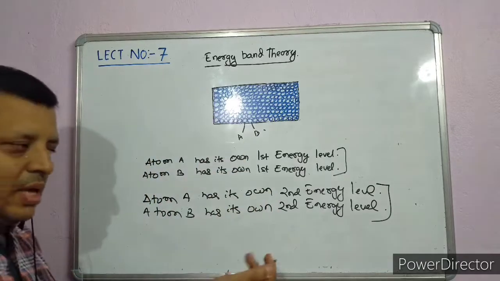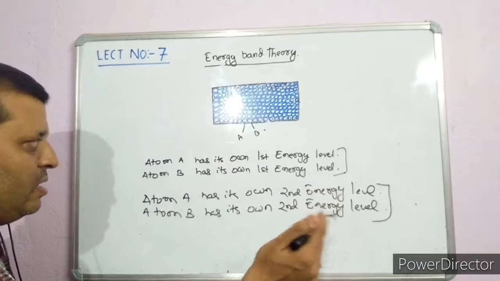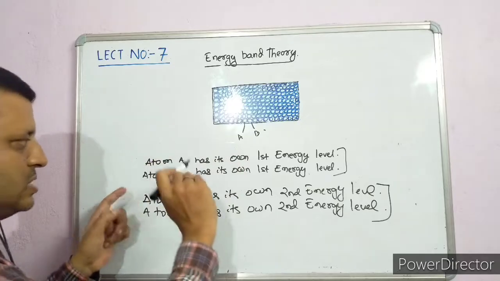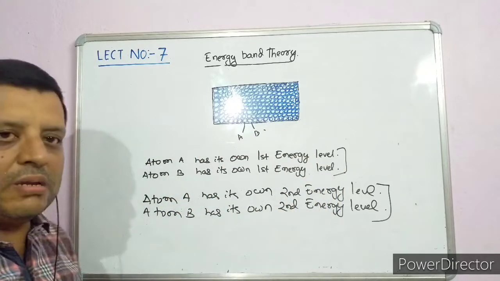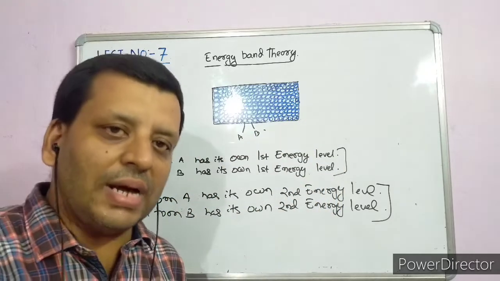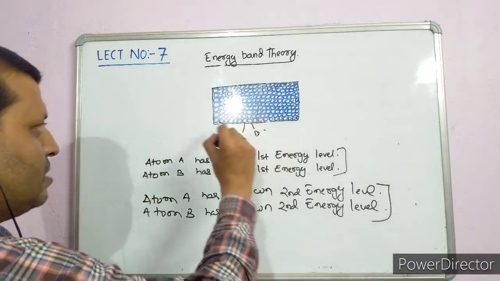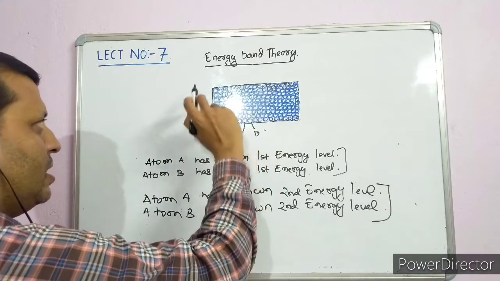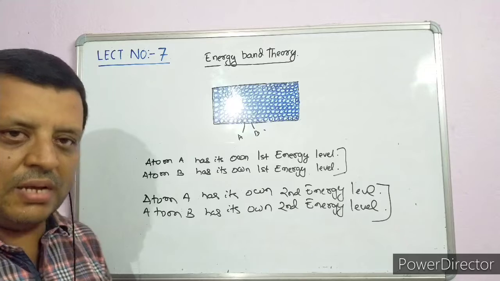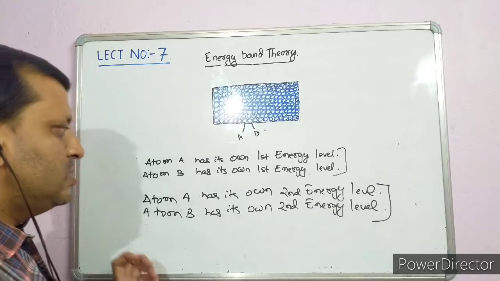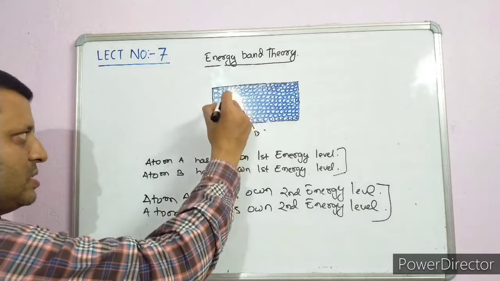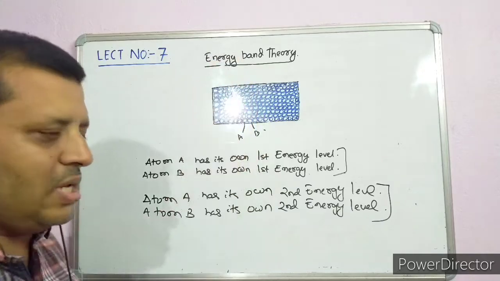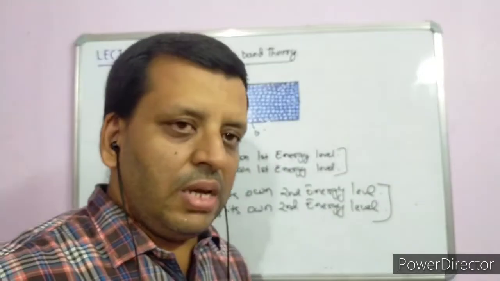Similarly, for the third energy level, atom A has its own third energy level, atom B also has its own third energy level, and all other closely packed atoms also have their own third energy level. Here all the third energy levels will be intermixed.